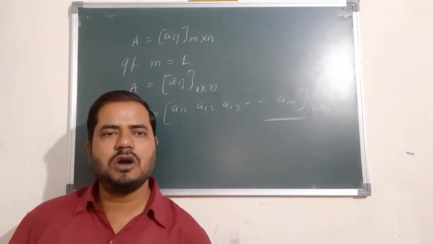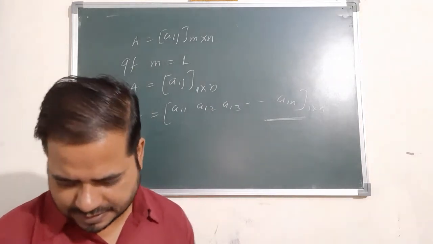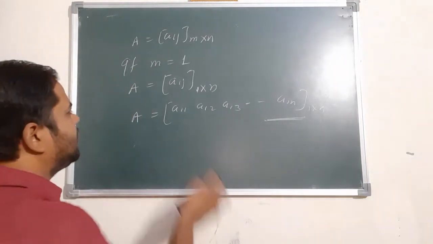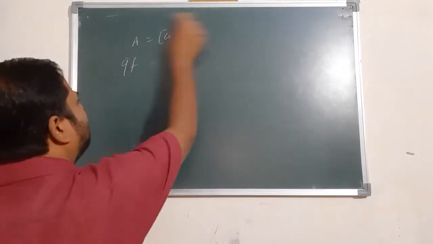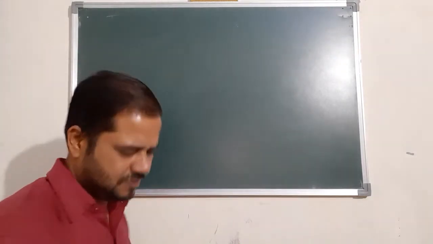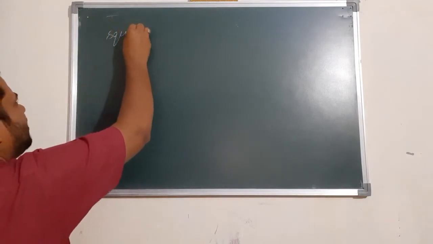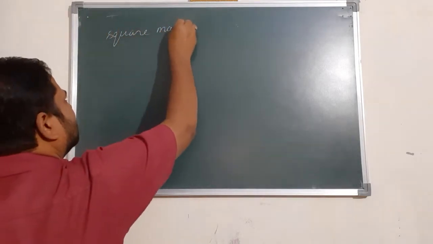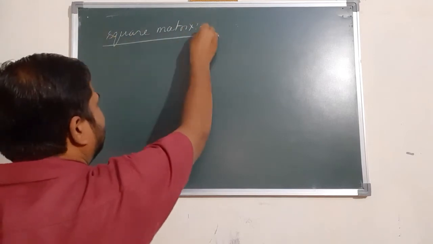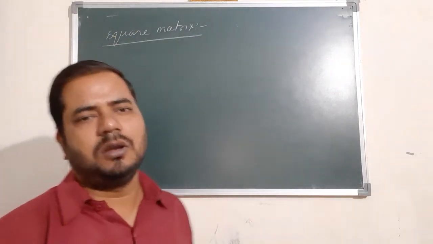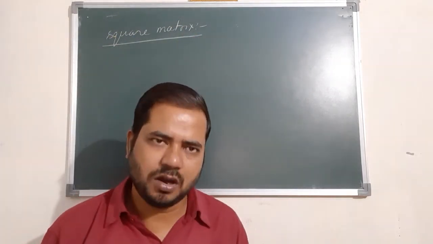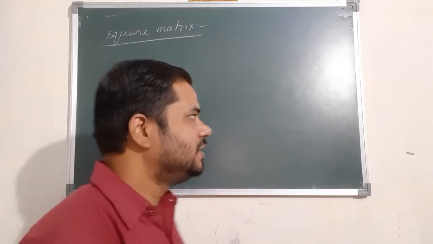Now we are going to talk about the square matrix. If the number of rows and columns are equal in a matrix, then the matrix is said to be a square matrix.